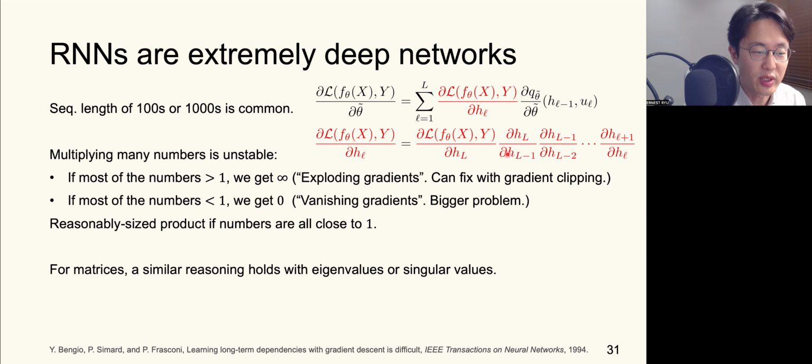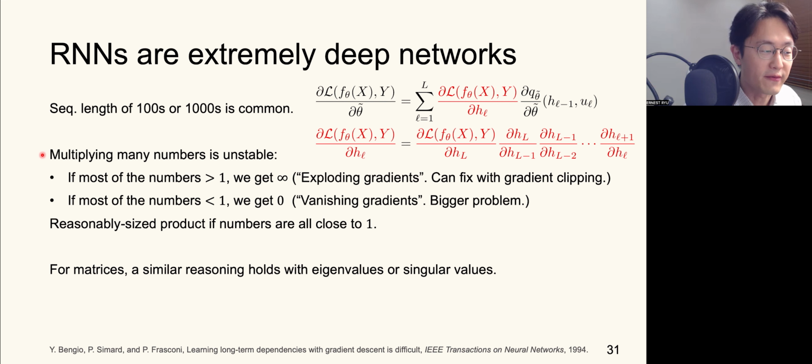So DHL minus 1, this is a Jacobian matrix. So this product is a product of Jacobian matrices. But for the sake of simplicity, for the moment being, let's think of this as a product of scalars rather than matrices. Now, if you multiply a lot of scalars, and again, think of big L as something on the order of thousands, and let's say little l is half of that. So this is a product of, let's say, 500 numbers.